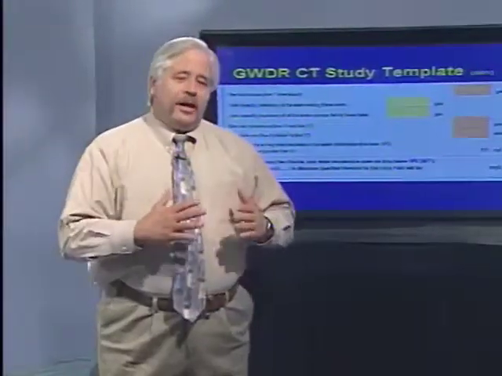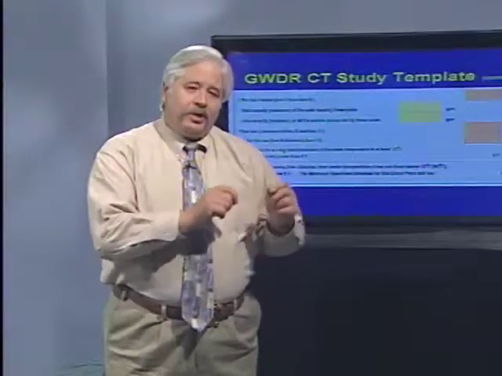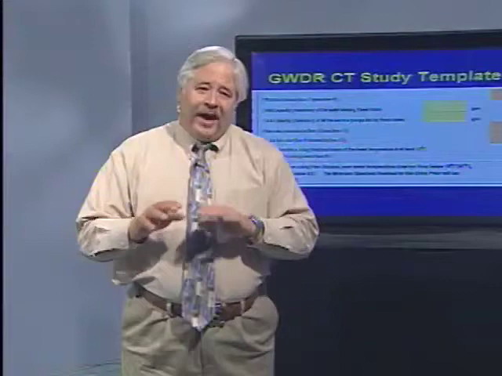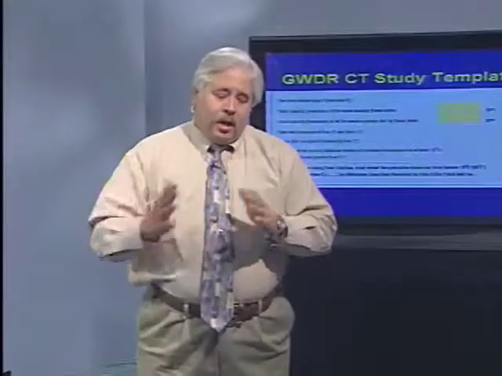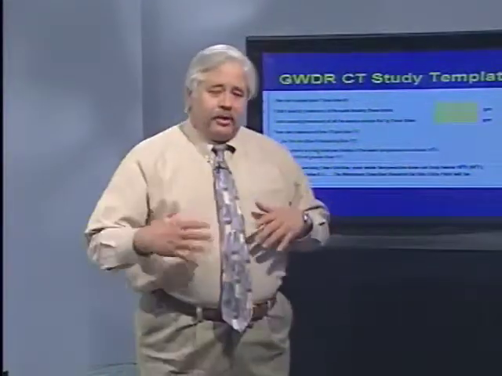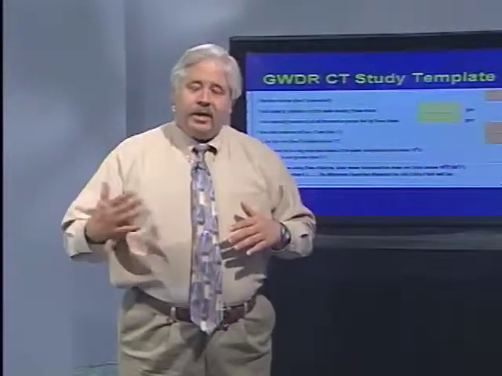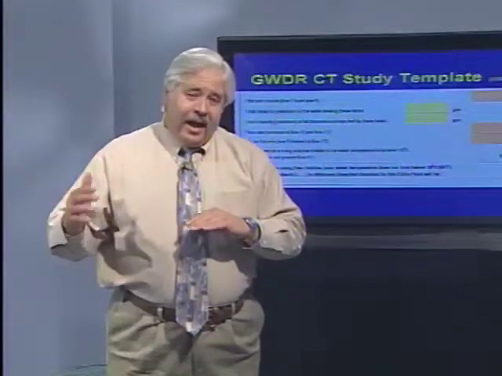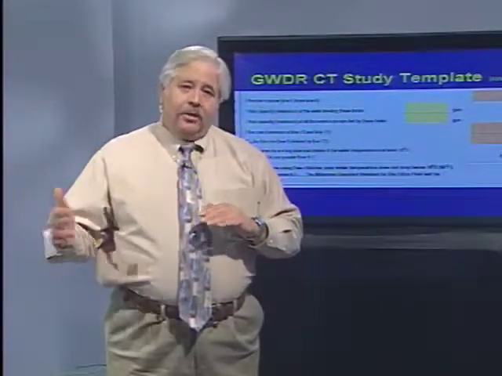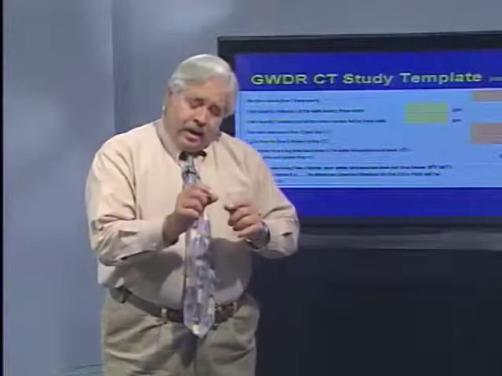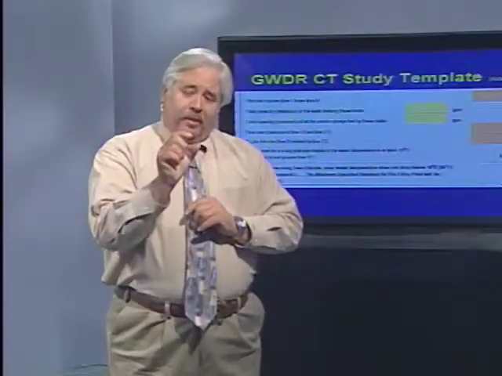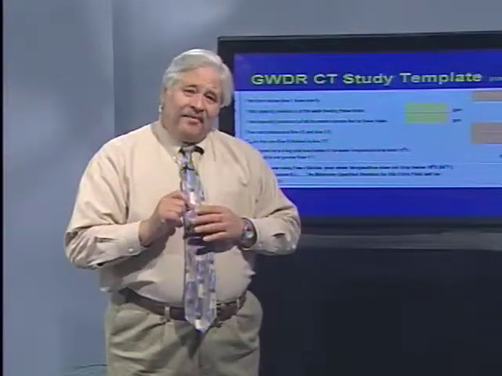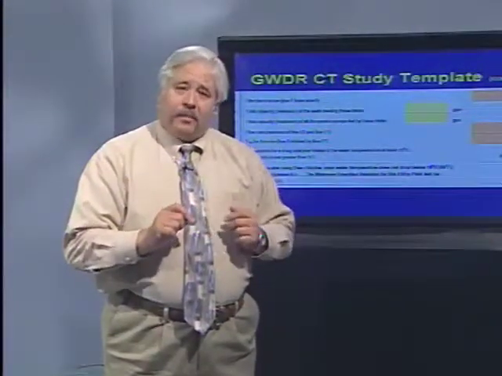The reason we use T10 is because that's the point at which 10% of the water slips through the treatment unit, the contactor, faster than the other 90%. So by using T10 rather than some theoretical time, T50 or T80, we're assuring that 90% of the water that passes through that tank has achieved more disinfection than is required to meet the rule. The amount of water that passes through the tank from 0 to 10% may have received a little less disinfection than is required by the rule.